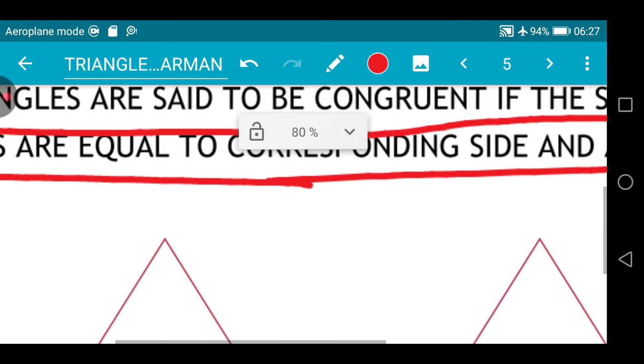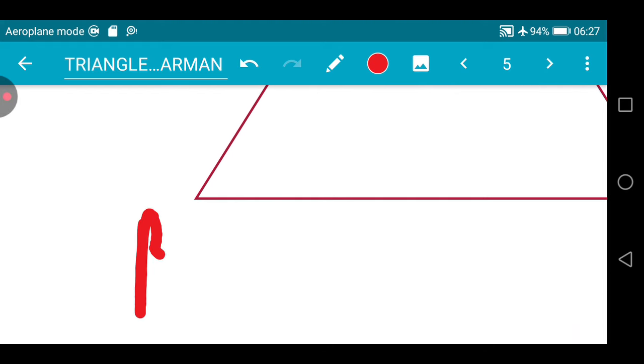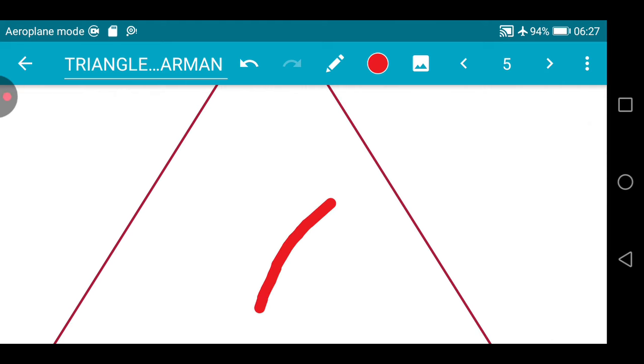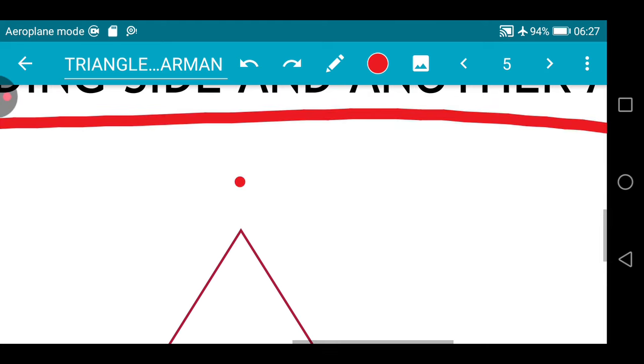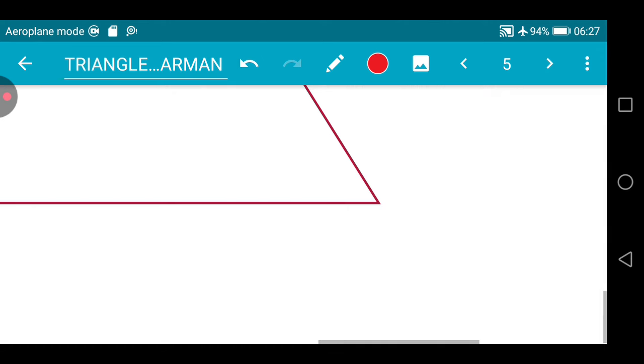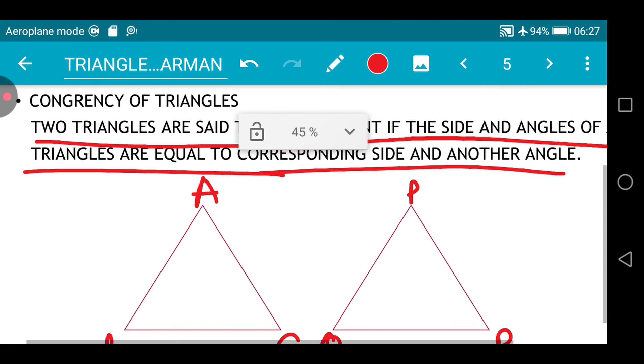What I am telling you: if this is triangle ABC and triangle PQR, two triangles are said to be congruent if the sides and angles of one are equal to the corresponding sides and angles of the other.